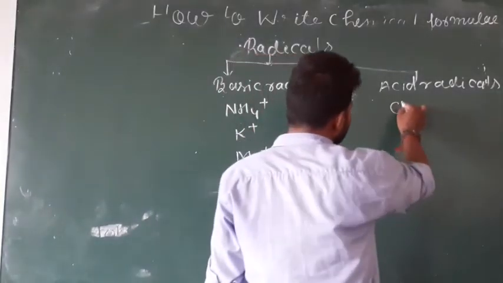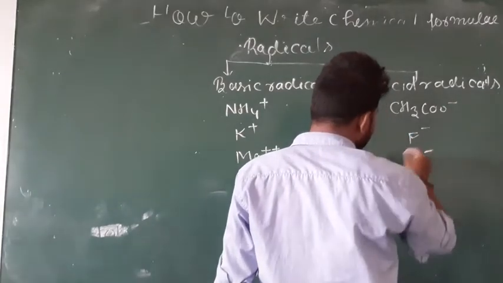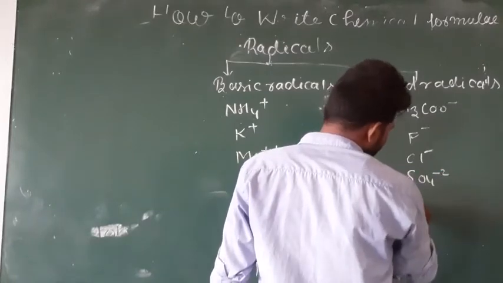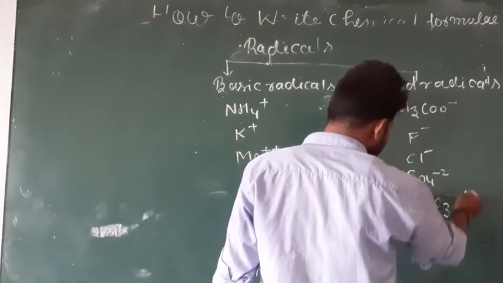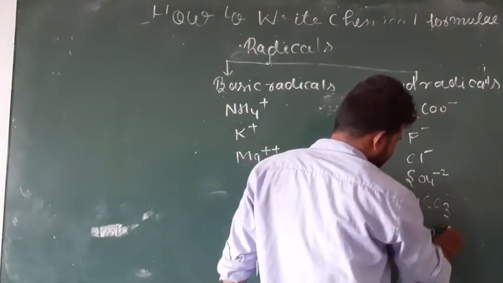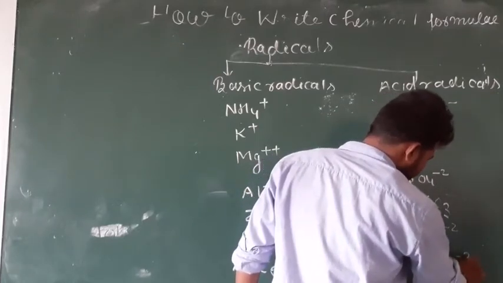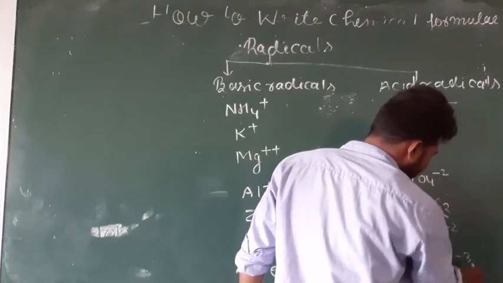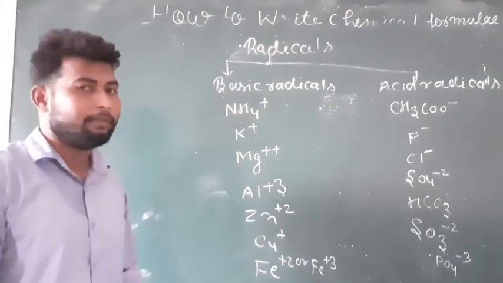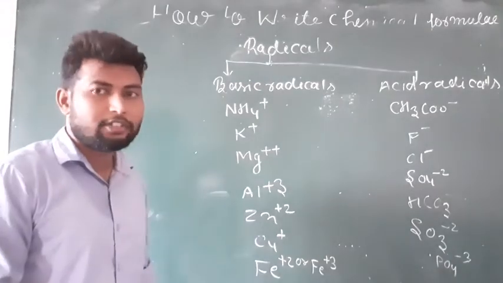Acid radicals: acetate, CH3COO minus, chloride, sulfate, hydrogen carbonate, sulfite, HPO4 minus 2, PO4 minus 3, phosphate, and so on. So with the help of radicals, how do we convert radicals into a chemical formula?